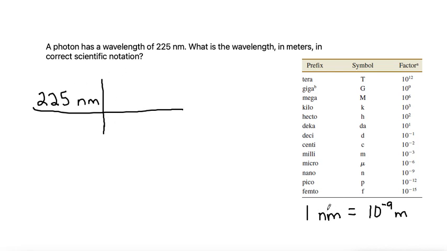So I put the unit that I want to cancel out, which in this case is the nanometers, on the bottom. I want to put the unit that I want to convert to, or the conversion factor equivalency unit of meters, on the top. And the numbers follow the units. So the 1 goes with nanometers, and the 10 to the negative 9 goes with meters.